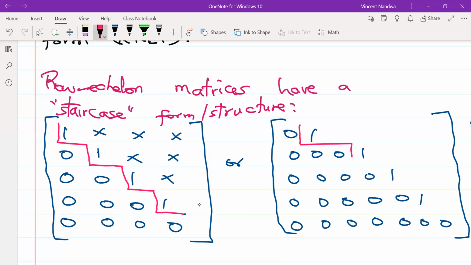We have another leading one here. Remember, the leading one does not necessarily have to be in the first column. It can be actually along the way, like in this second case. This can be any other number. It can be 0 or non-zero numbers.